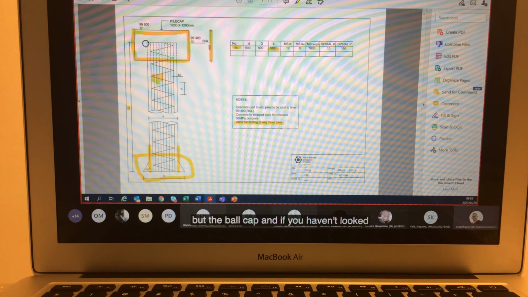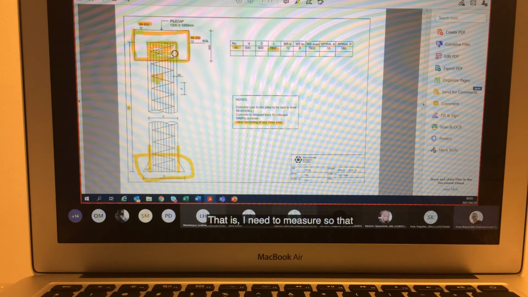If you look at the different levels, 99,600 versus 99,400, it tells me that this pile cap is placed 400 millimeters below the reduced ground level, as the pile cap depth is given to us as 600. So I now need to measure the stripping back of this pile.